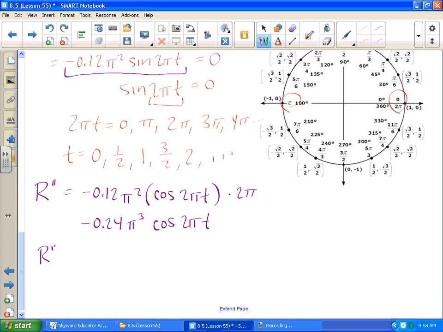And I'm going to plug in 0, and then I'm going to plug in 1/2 and 1 and 3/2, and we'll probably see a pattern if we start doing these. So how about we put this into our y equals, and we just find it at those values, and we'll just say whether it's positive or negative. So I would put this in my y equals, go to your table, start at 0, go by 0.5s.